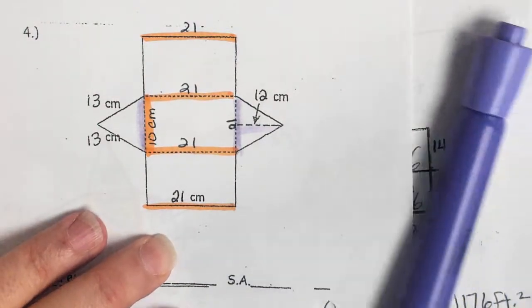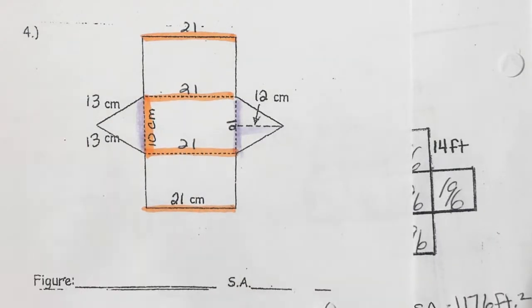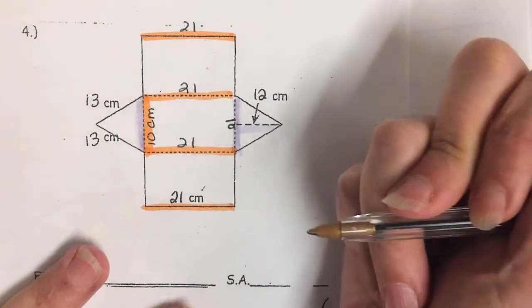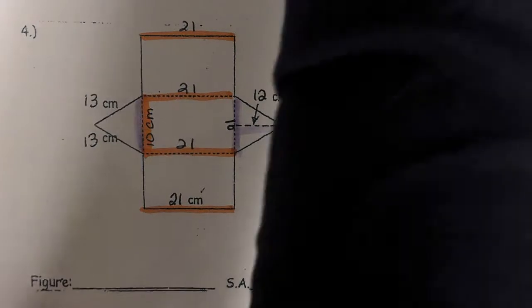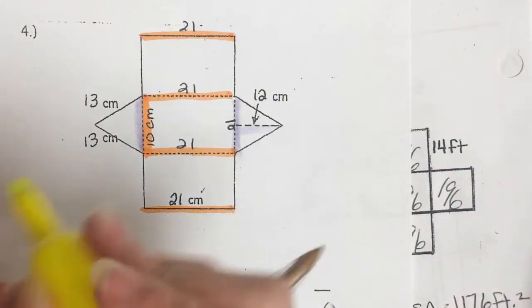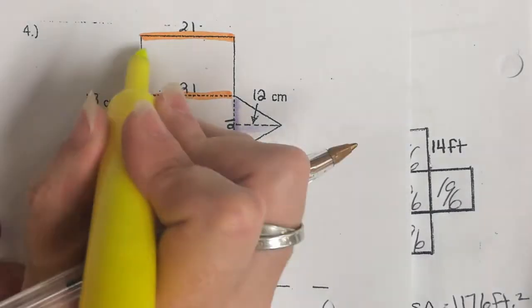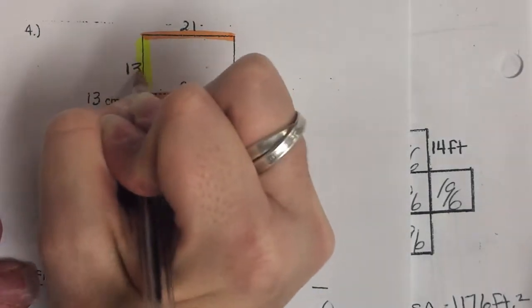Okay. But the last part is weird. The outside rectangles, these two, are not the same. Hint, hint, look, not the same. If this wall is 13, this wall is 13 because it would fold up and touch each other.